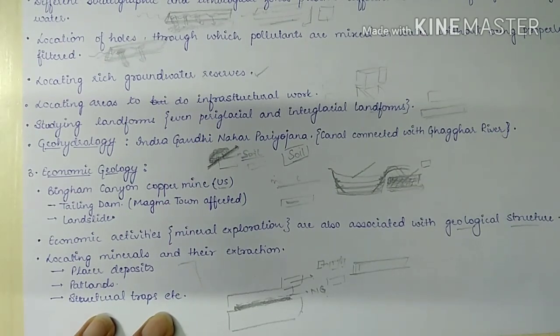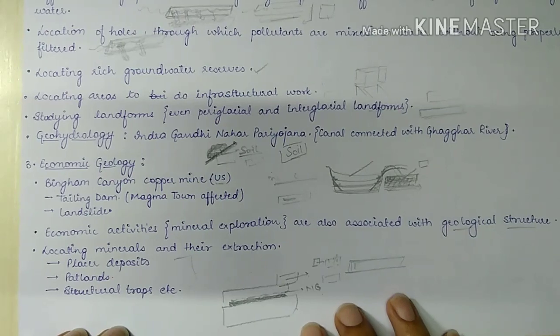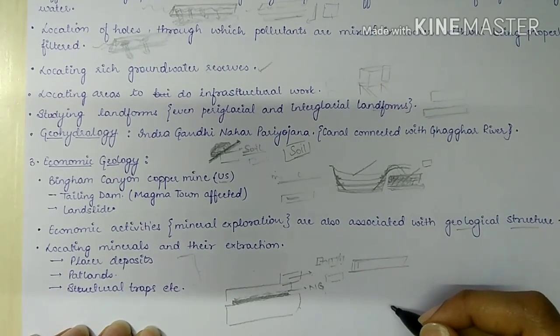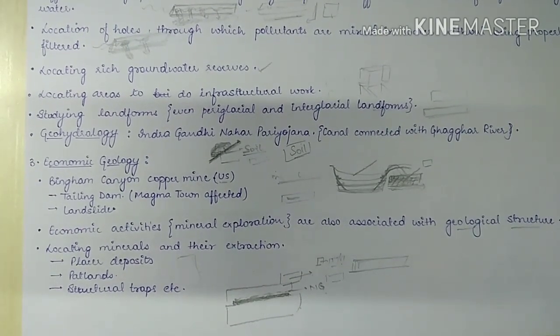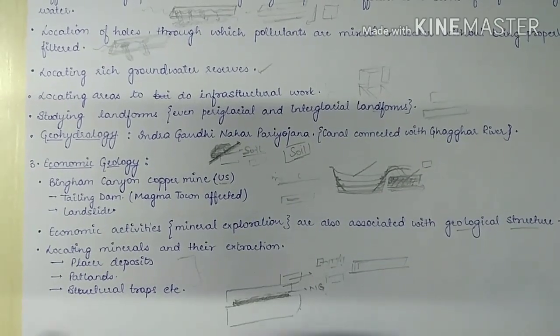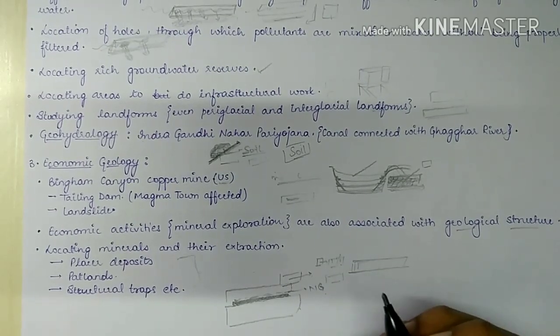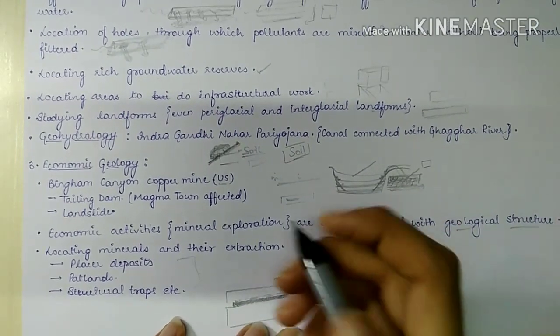Then we have weathering and other things which are closely related with the formation of various minerals. For example, bauxite mineral is associated with weathered basaltic laterite surface of plateaus of Ranchi Plateau and Palamau upland in Bihar.